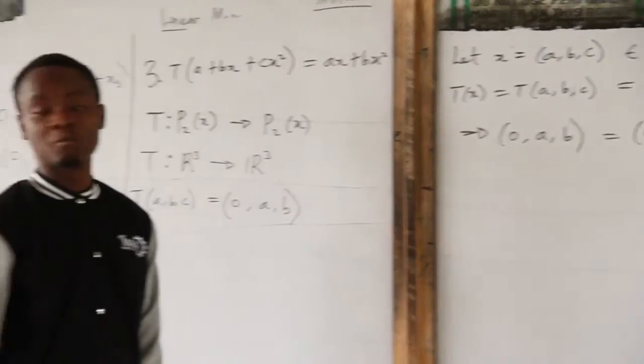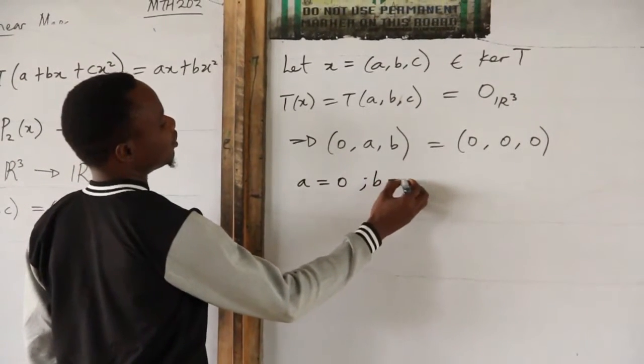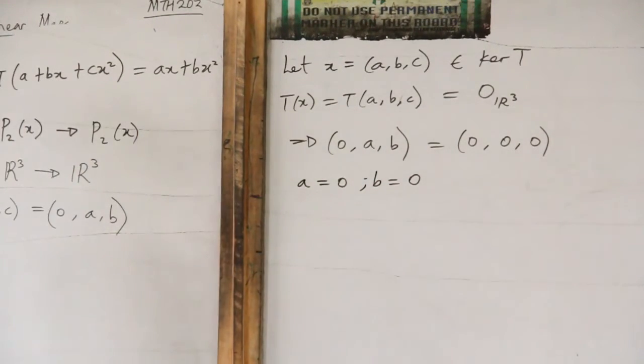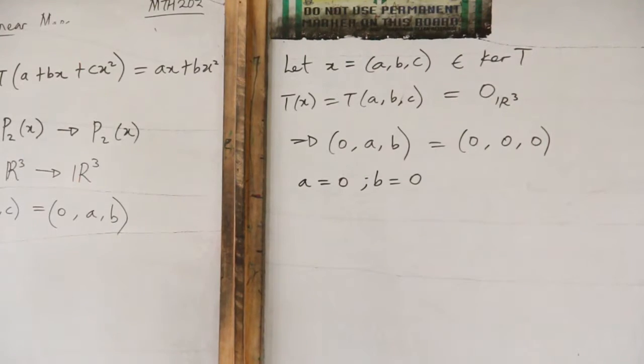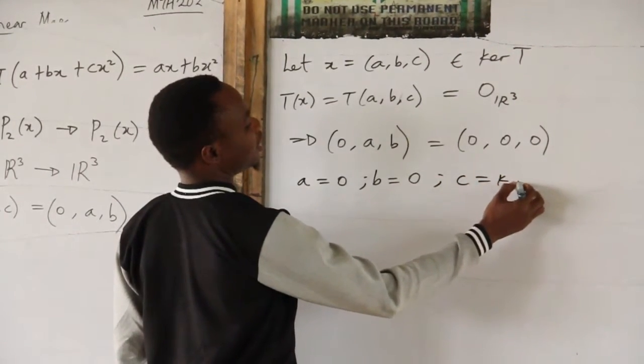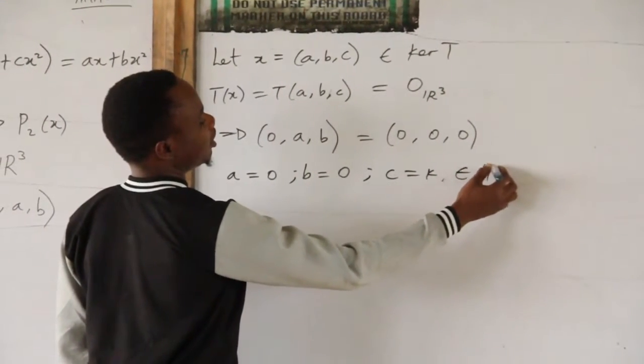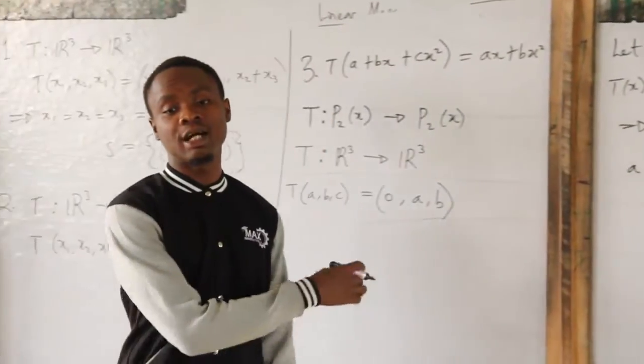So definitely A is equal to 0, B is equal to 0, and C can be any number. C can be anything. So I can let C be equal to K, any K element of R.